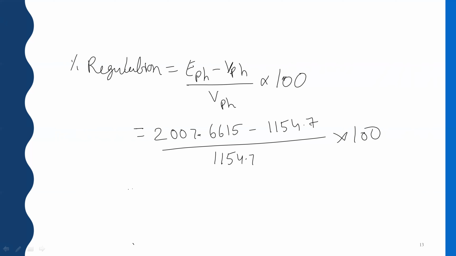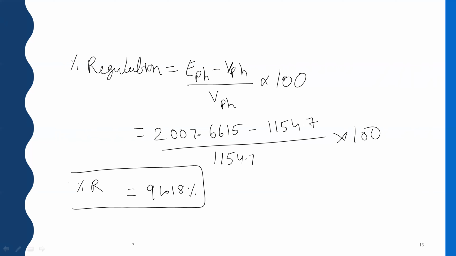So my percentage regulation is 91.18% only at 0.8 lagging. 0.8 lagging, I got this value. In the lab, you have to use lagging as well as leading. Both the things, lagging as well as leading.